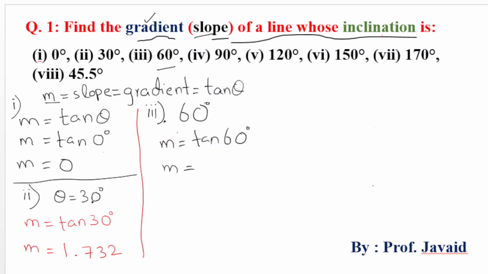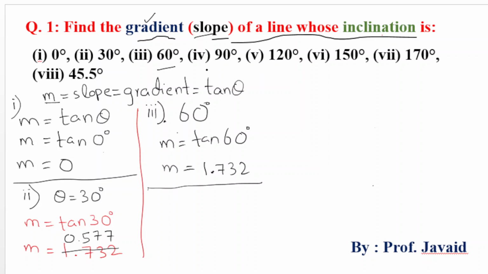I'm sorry, first I found that the tan 30 answer was not right. So tan 30 is basically 0.577. Okay, now I found. So tan 60 is basically 1.732. So this is the work of calculator. Don't worry about that.